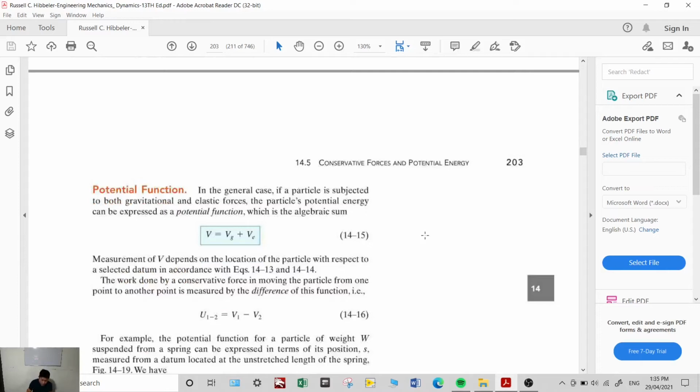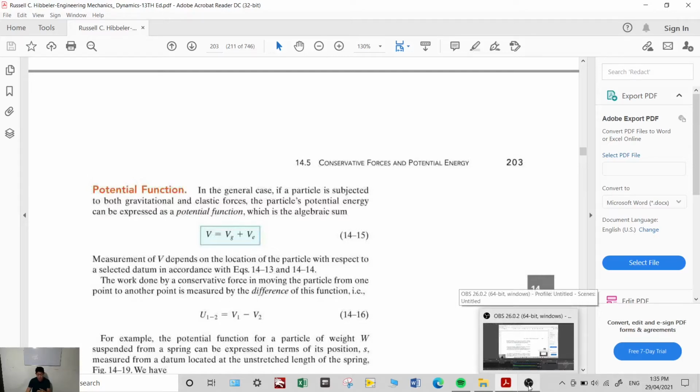Now, the potential function is just the summation of all the potential energies: you have the gravitational potential energy and you add the elastic potential energy.